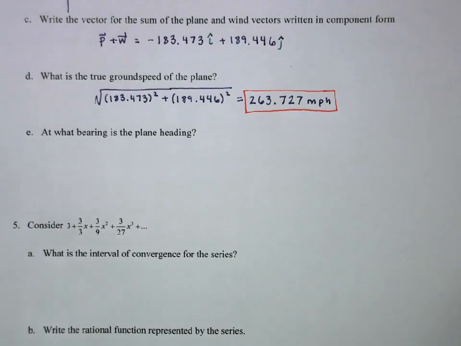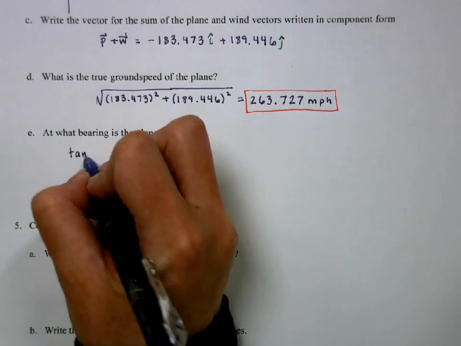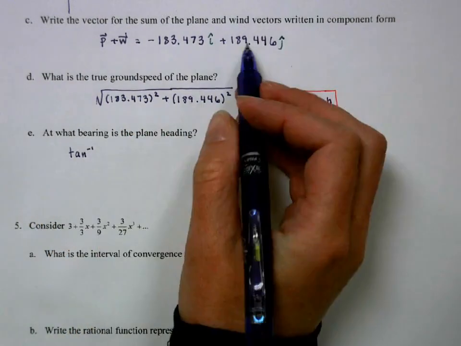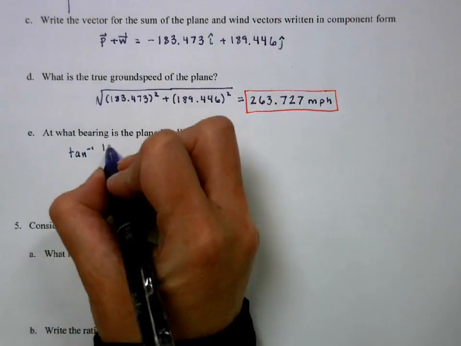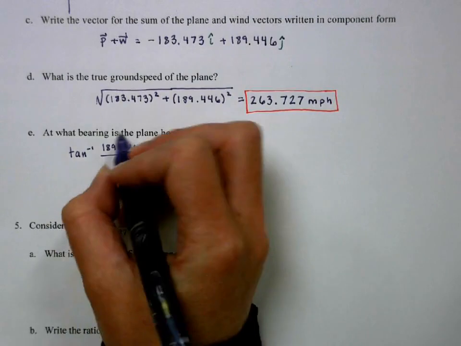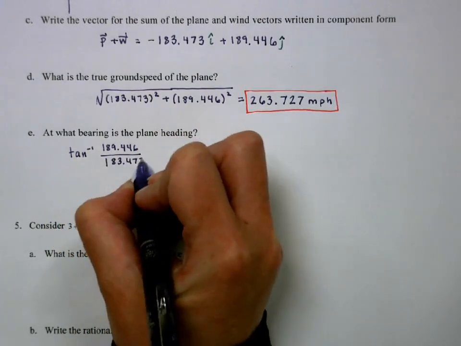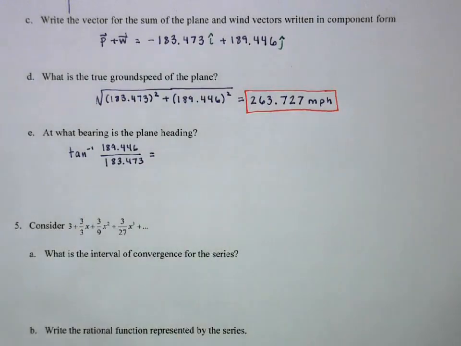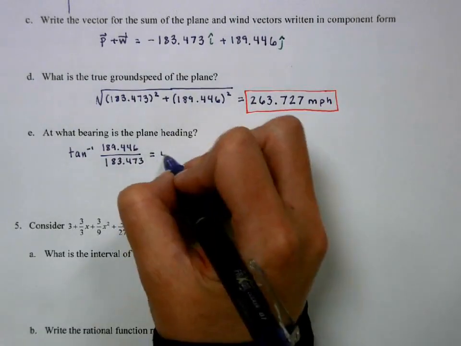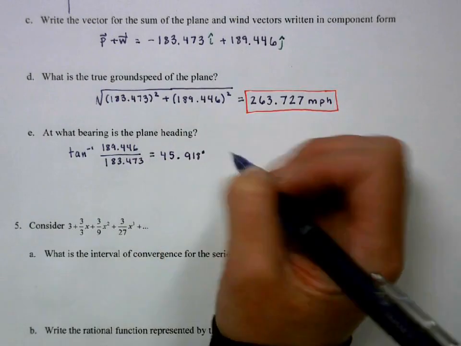For the bearing, we're going to start with tangent inverse. I'm going to do the tangent inverse of the y over the x, or 189.446 over, and I'm going to ignore the negative, 183.473. This gives us an acute angle of 45.918.